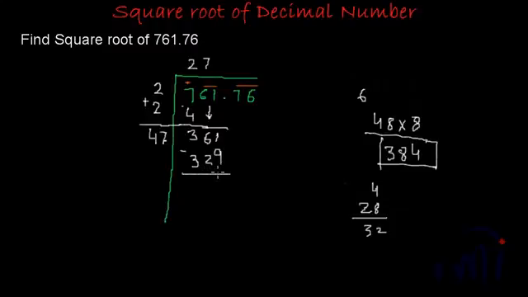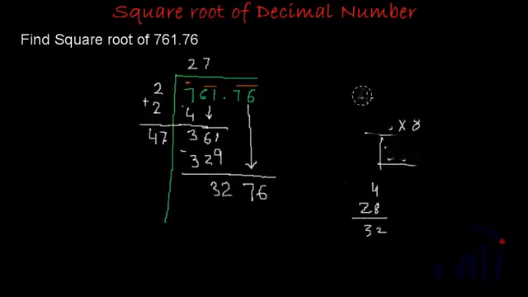We get 329, and when we subtract, 11 minus 9 is 2. 5 minus 2 is 3. We get 32, right? And now I have to note down this 76. 76 I'll note down, and this 76 is coming after the decimal point, so I have to add a decimal point over here, right?